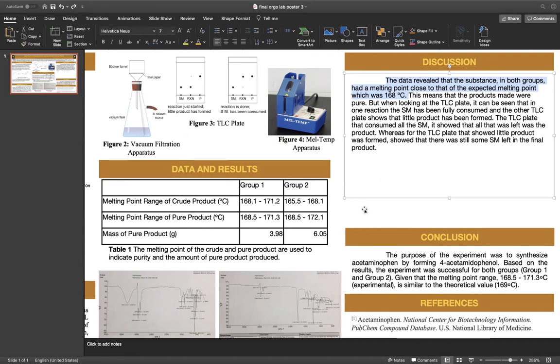In the conclusion, you restate briefly the purpose of the experiment, and based on the results, the experiment was successful. They concluded that it was successful based on the melting point being close to the theoretical value. You could definitely also refer to the IR spectra. Okay, so any questions?